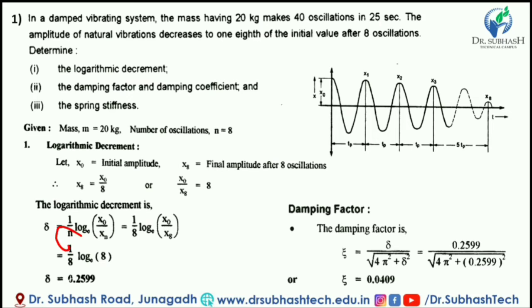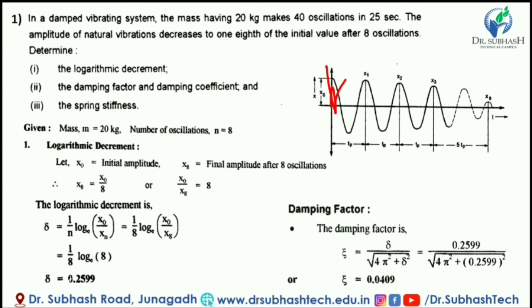So 1 upon 8 and x0 upon x8. Now we need the values of x0 and x8 to find delta. So here the condition is given: x8 is the amplitude of the 8th cycle and x0 is the amplitude of the initial cycle.